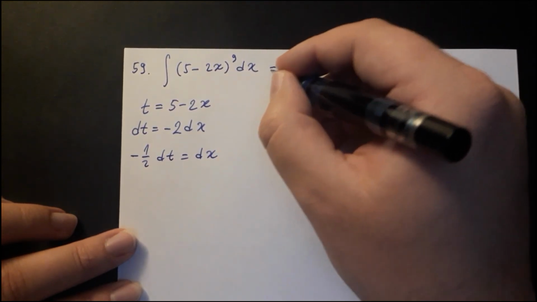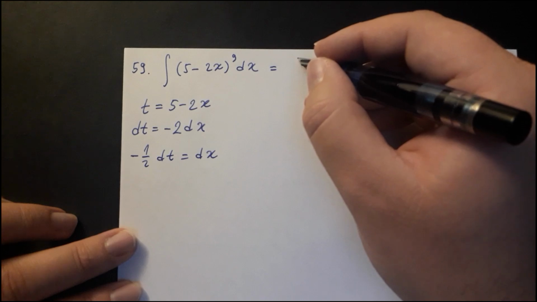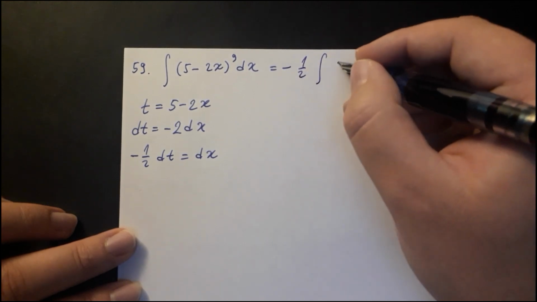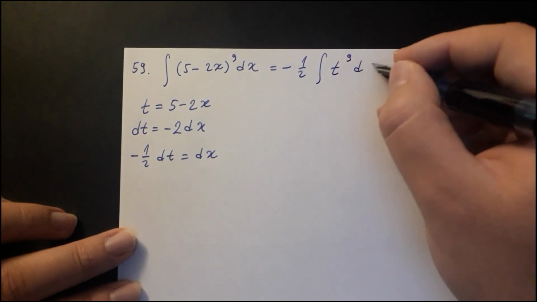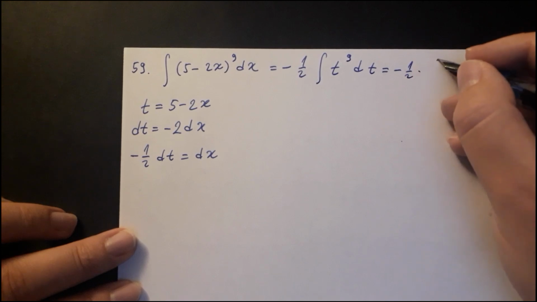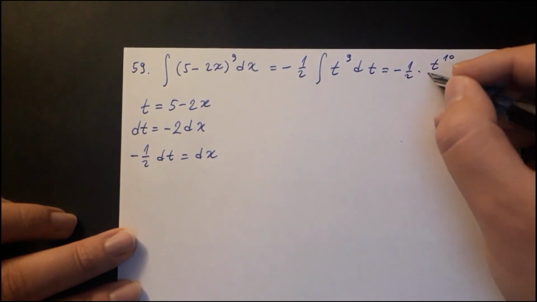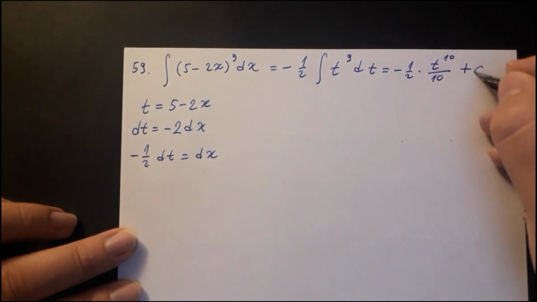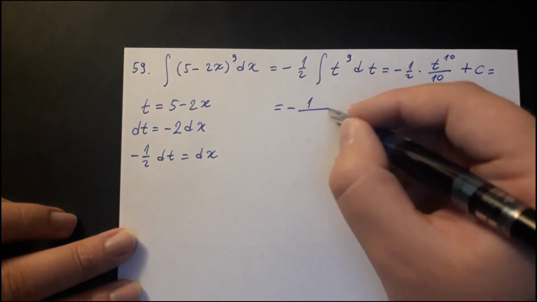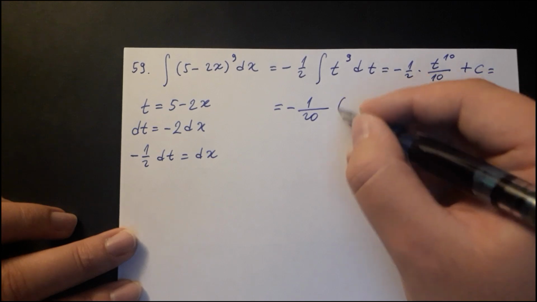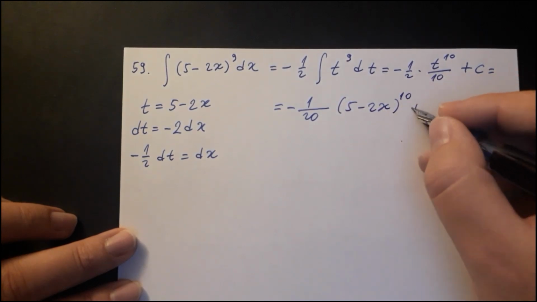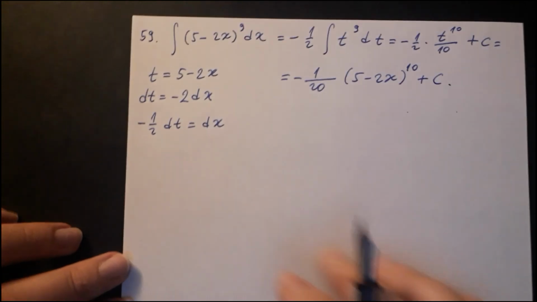When we return this into the integral which we started from, it becomes negative 1/2 of an integral t to the power 9 dt, which is equal to negative 1/2 times t to the power 10 divided by 10 plus c, and this is equal to negative 1 over 20 (5 minus 2x) to the 10th power plus c.